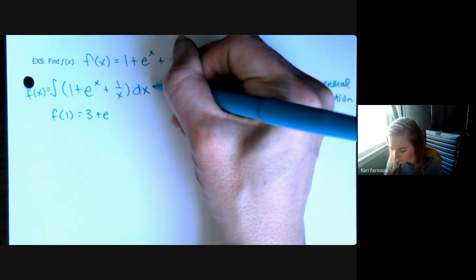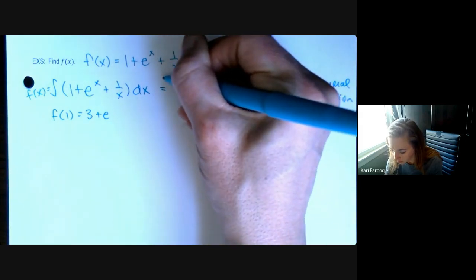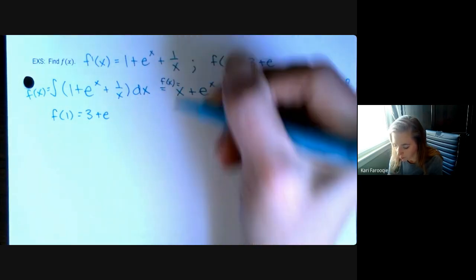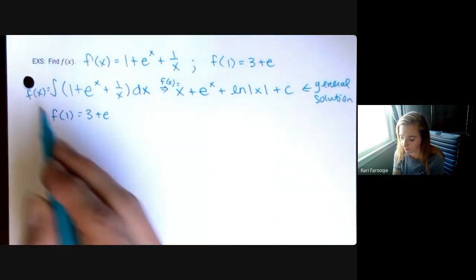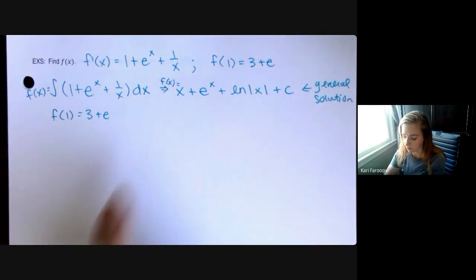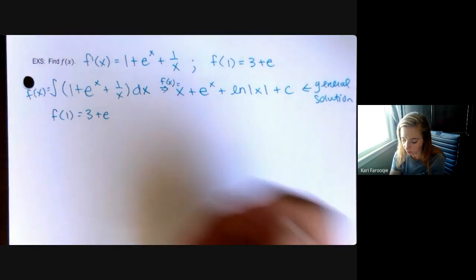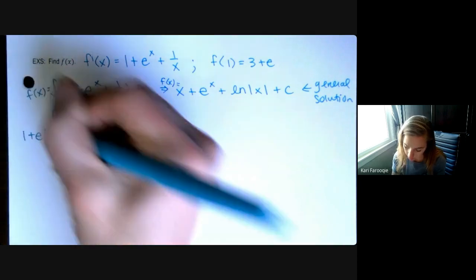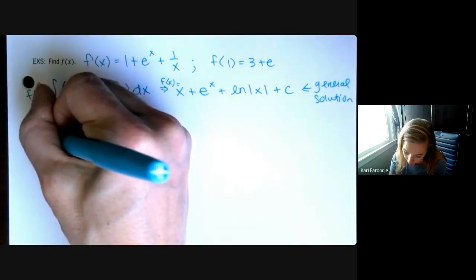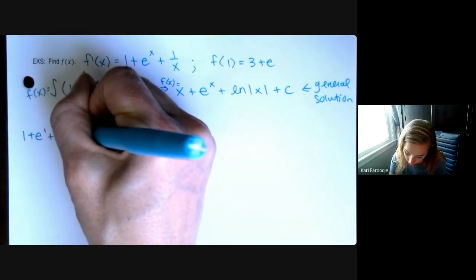Oh, I've already screwed up my notation here. All right. So f of 1 is going to be 1 plus e to the first plus the natural log of 1.